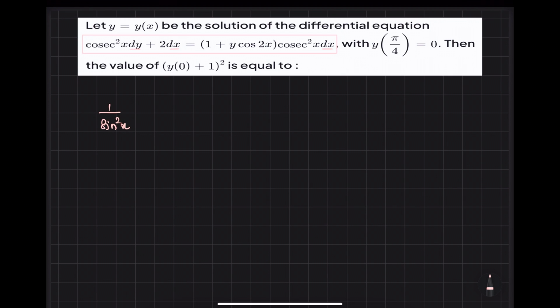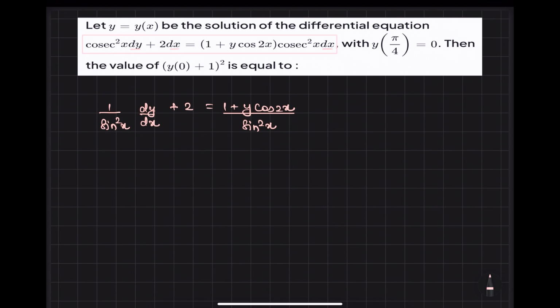So can I divide both sides by dx? We will have dy by dx plus 2 is equal to (1 plus y cos 2x) upon sine square x. Correct?